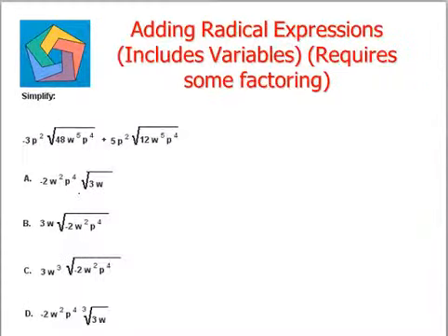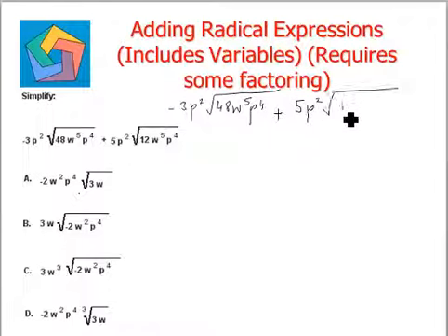Let's do the next question. Simplify, and we are given negative 3p squared square root of 48 w to the power of 5 p to the power of 4 plus 5p squared square root of 12 w to the power of 5 p to the power of 4.